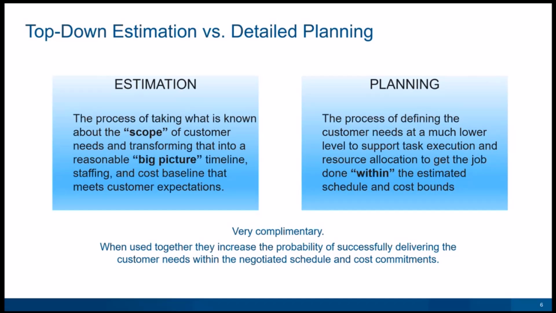Planning, on the other hand, is the process of defining the customer needs at a much lower level to support task execution, resource allocation, and to get the job done within the estimated schedule and cost bounds. They are both very complementary. When used together, they increase the probability of successfully delivering customer needs within the negotiated schedule and cost commitments.